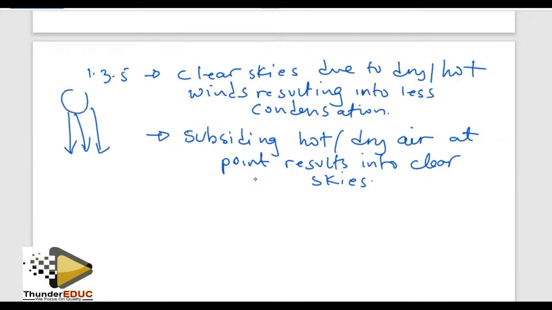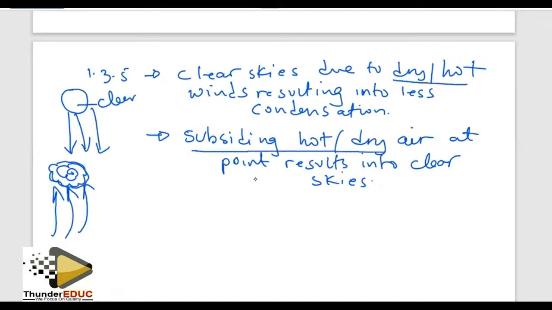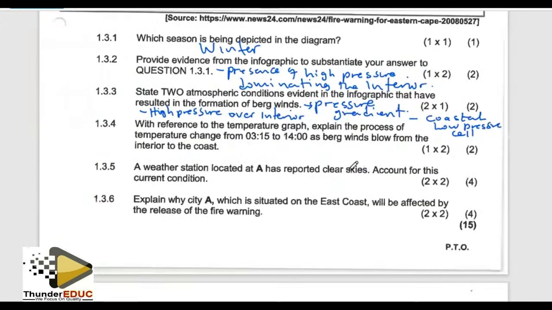That means we're going to end up having clear skies. But whenever air rises, there will be condensation resulting in formation of clouds. So where there are Berg winds, there are clear skies as a result of dry hot air or subsiding hot air. That's why at point A it will have clear skies.